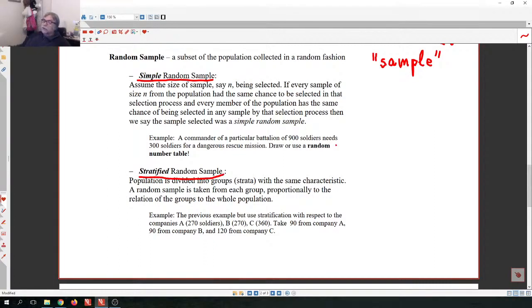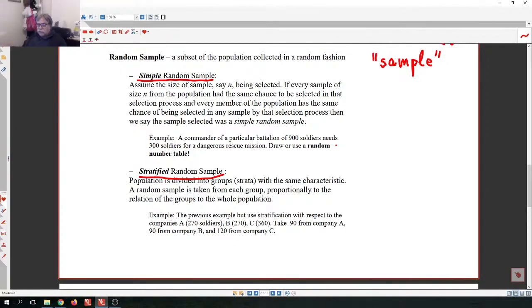Now, sometimes we have problems when we are doing simple random sampling that we want to avoid because there might be some bias that is a little more important than another bias. For example, if I'm looking for a political opinion or opinion about a certain political candidate, I am not interested in being unbiased in terms of shoe size.